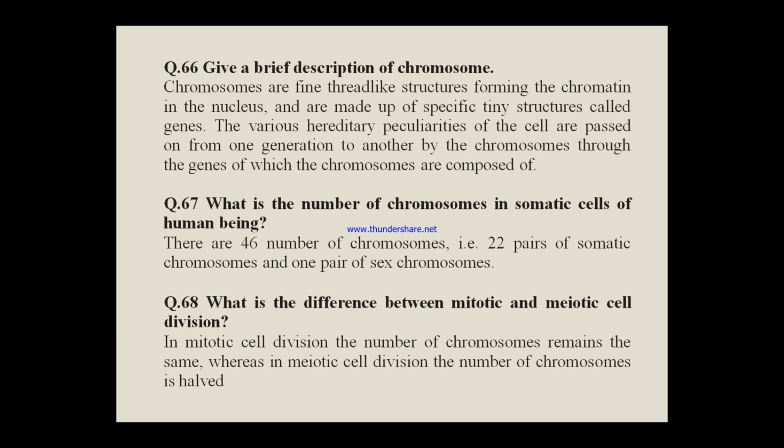What is the difference between mitotic and meiotic cell division? In mitotic cell division, number of chromosomes remains the same, whereas in meiotic cell division, the number of chromosomes is half.